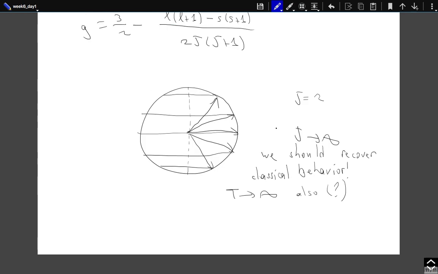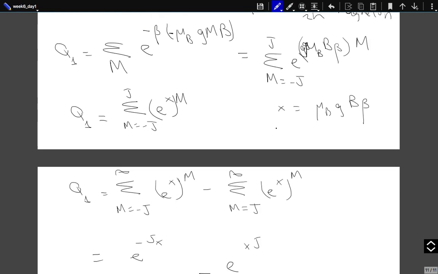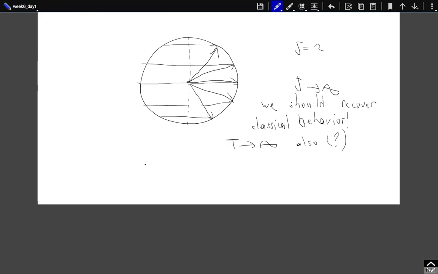Now, of course, there are some issues. If J goes to infinity, you see, if you go back to our expression for delta E, you see, this is the quantum mechanical analog. Quantum mechanical energy eigenvalues. Classically, this was minus mu B times cosine theta.